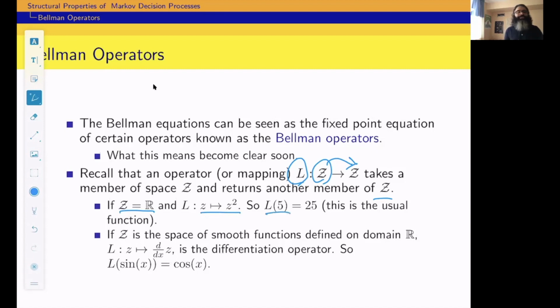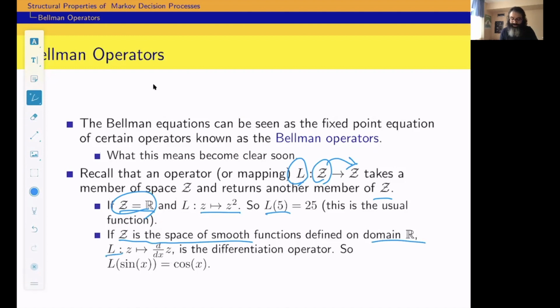Now a little bit fancier operator or mapping: instead of mapping a real number, let's map a function to another function. How do we do it? Suppose Z is the space of smooth functions, so functions that you can take the derivative of and everything would be valid, defined on domain R, so one-dimensional univariate smooth functions.